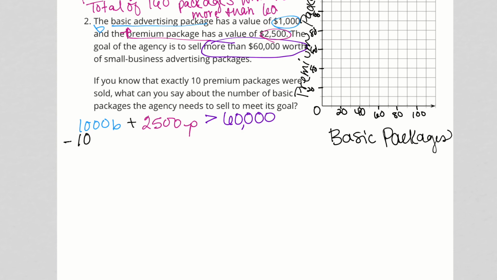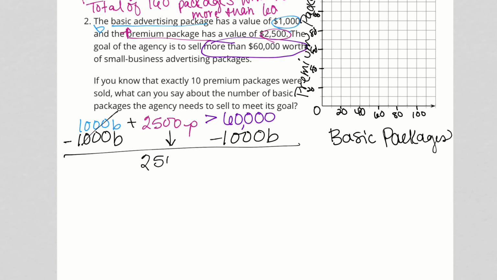Subtract 1,000B on both sides. So that cancels this out and becomes 0. We drop down our 2,500P is greater than. What do I get on the right side? 60,000 minus 1,000B. Now what do I do?